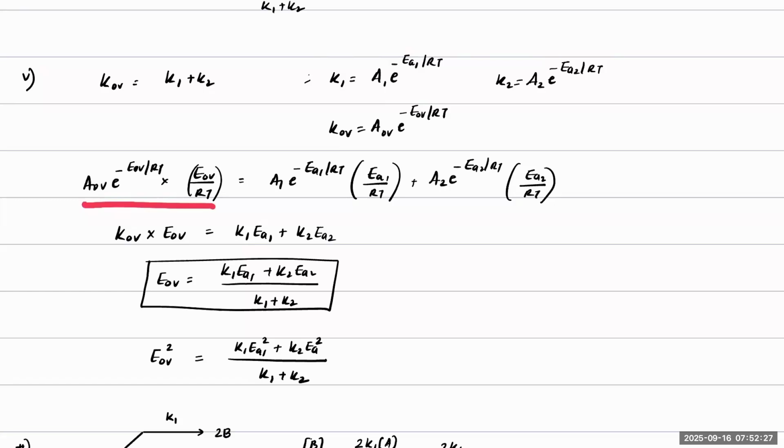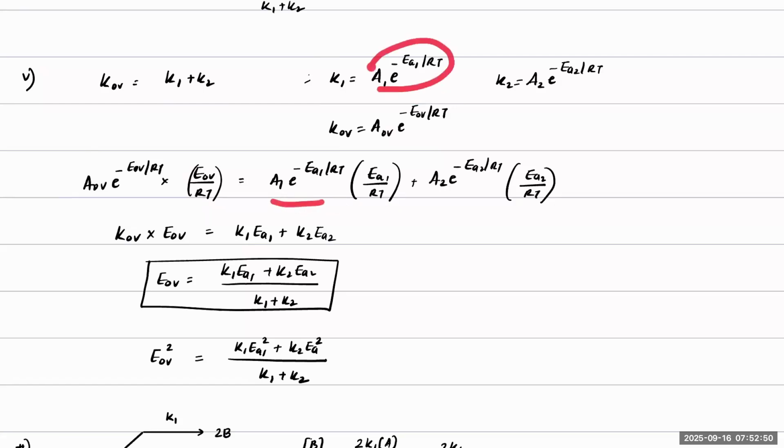So K overall can be written as A overall into e raised to the power of minus E overall by RT. And if I differentiate this with respect to T, I will get E overall by RT. And you notice that if I differentiate K1, I will get this value, right?